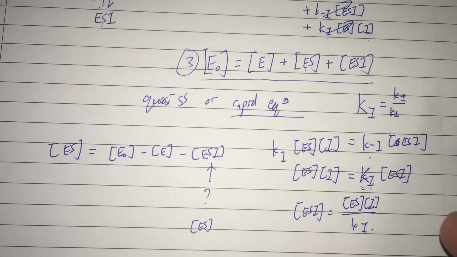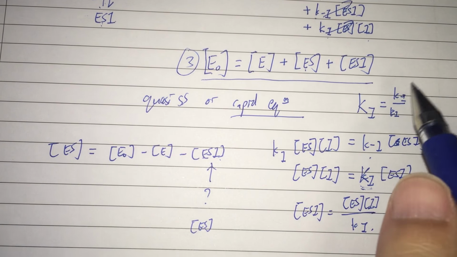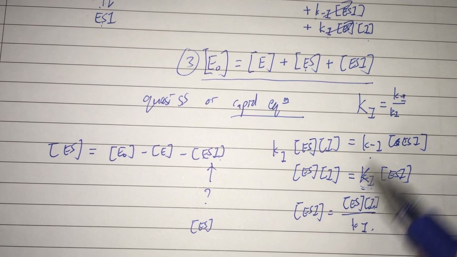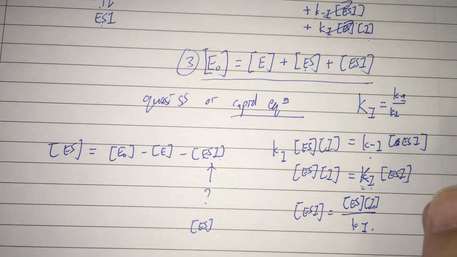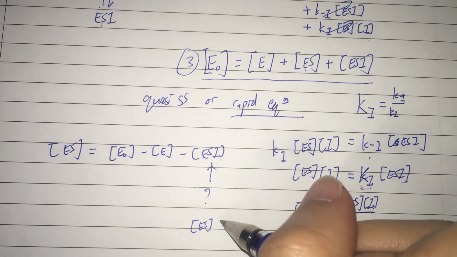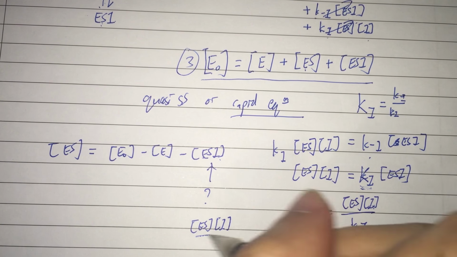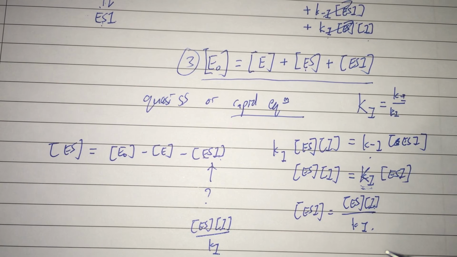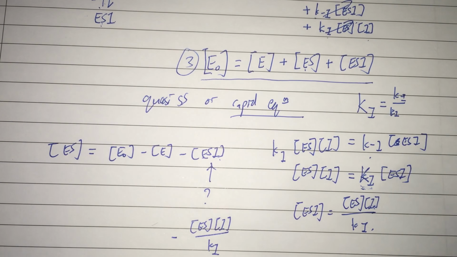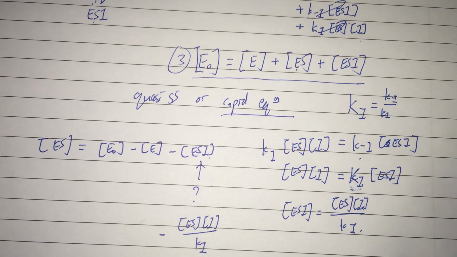Wait, no. The inhibitor concentration is not constant, but it can be measured, so we are just going to leave it down there. Okay, that's one part solved. And what do you have to do with the other part?